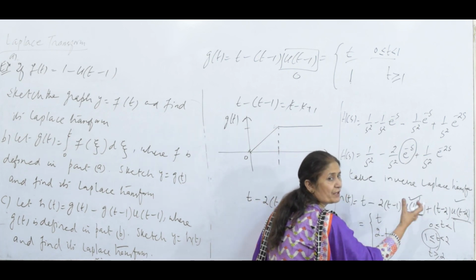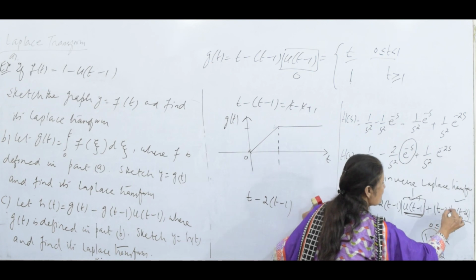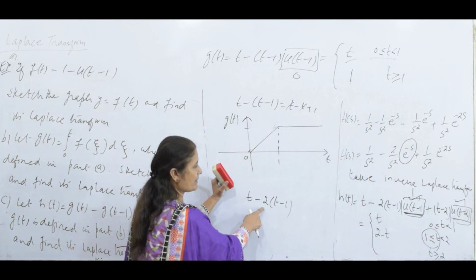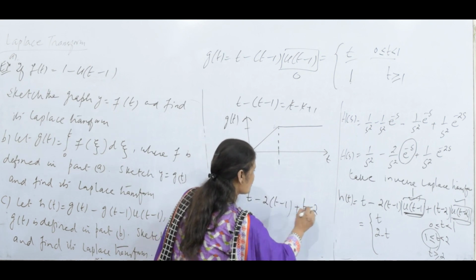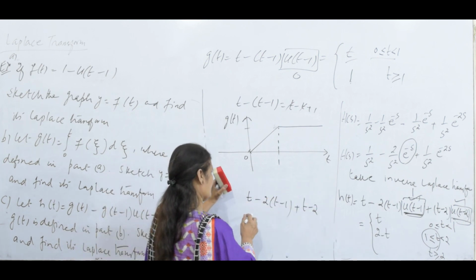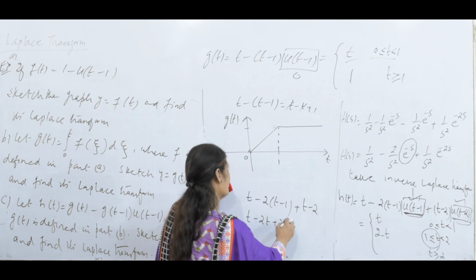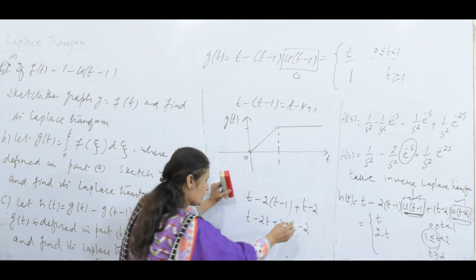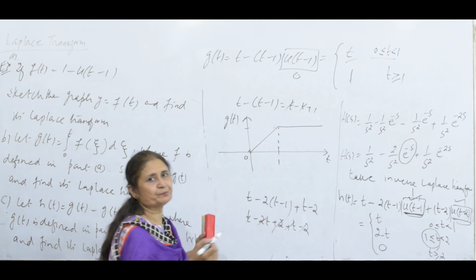The unit step value is 1, and for the rest, t minus 2(t minus 1) plus (t minus 2), the coefficients remain and the unit steps are 1. This is t minus 2t plus 2 plus t minus 2. I hope it vanishes: 2 goes and this goes, and you are having 0.